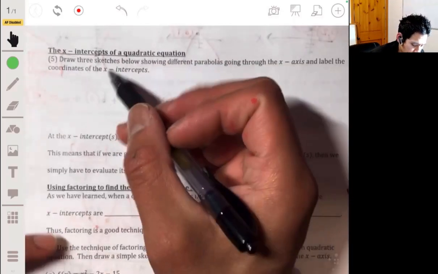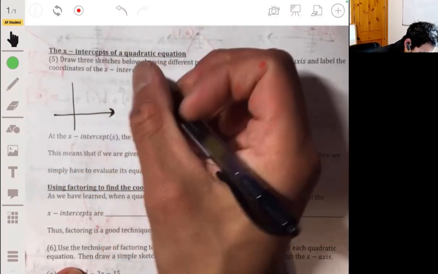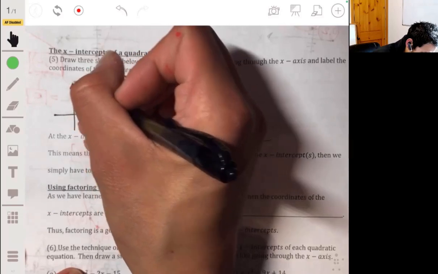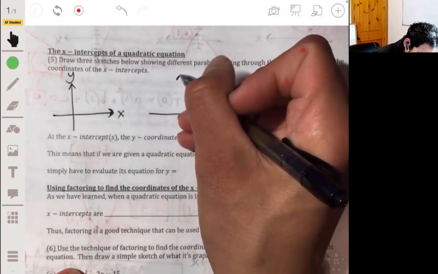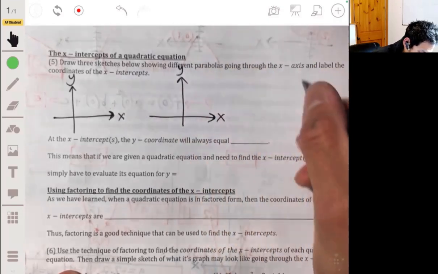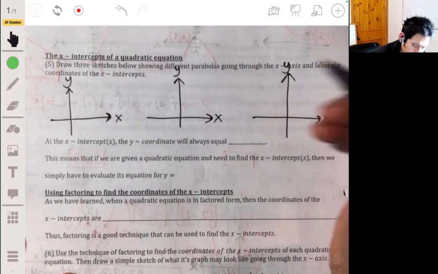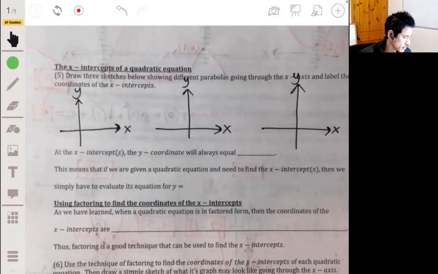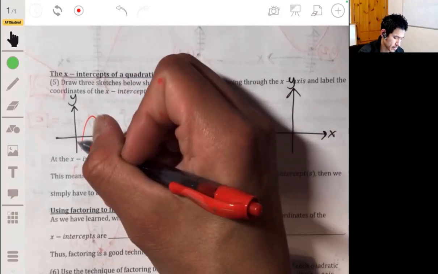So let's now draw 3 sketches like we did with the y-intercepts of 3 random parabolas, but this time going through the x-axis. You don't have to worry about being Picasso. Just do your best. Let's draw one going down like this. All right, looks good.